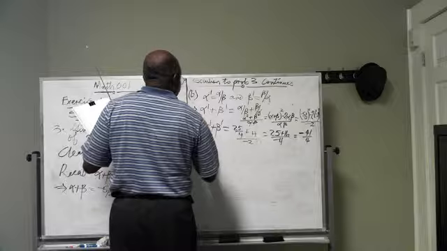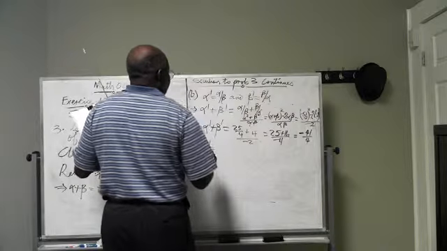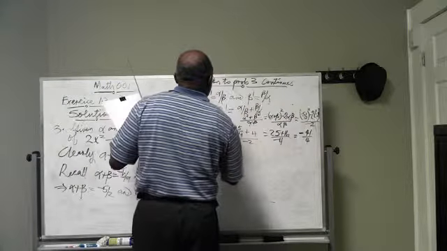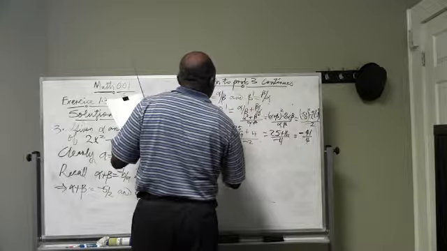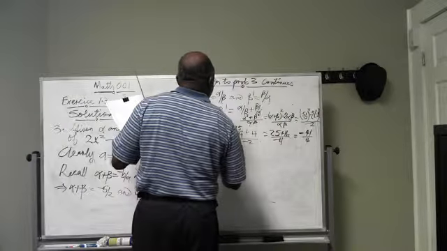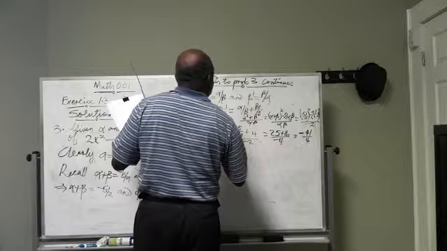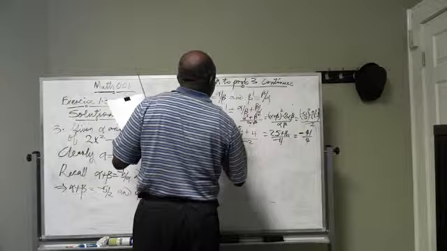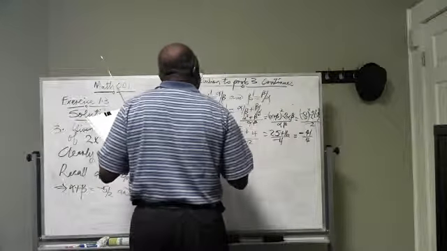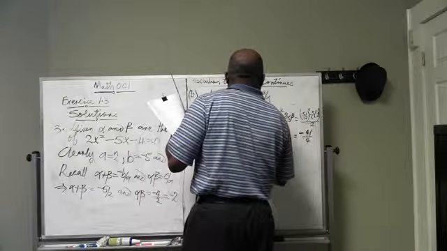Alpha prime beta prime equals alpha over beta dot beta over alpha, which clearly equals 1.